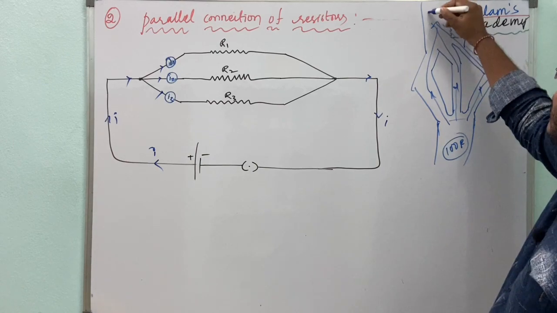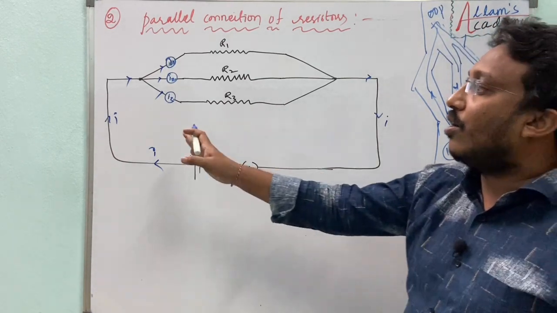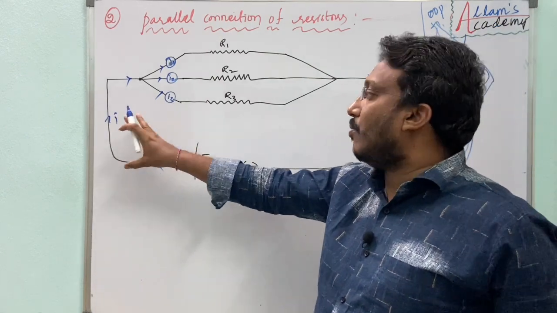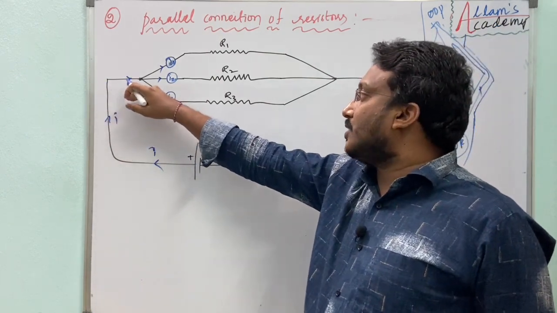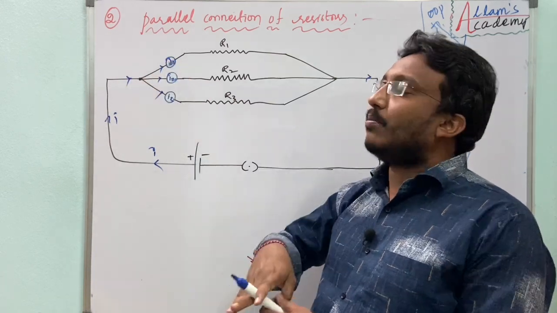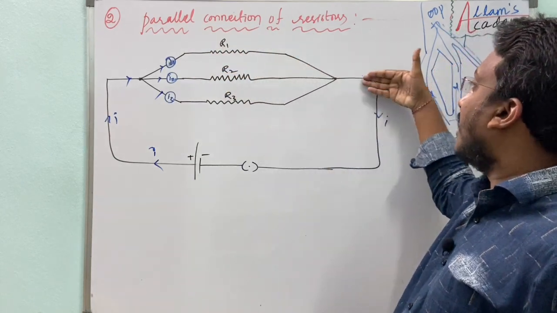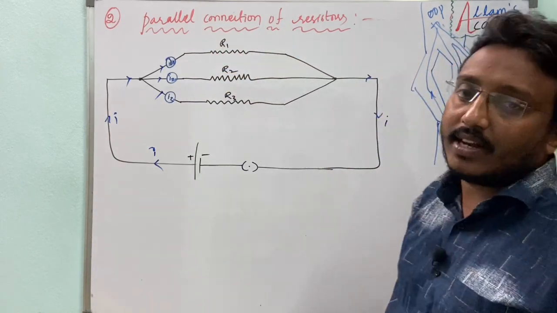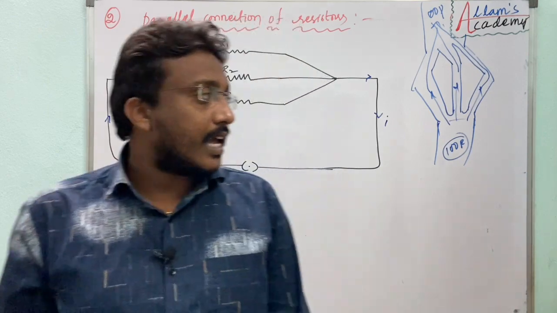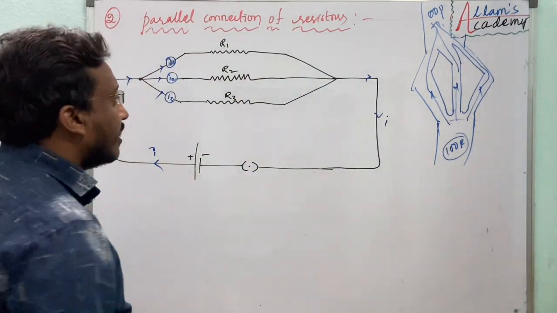So again here, how much? 100%. Like that. Some amount of current reaches these three resistors. Then here it has three separate paths. Then the current splits here, and again it combines and travels. Okay, this takes place in a parallel connection.